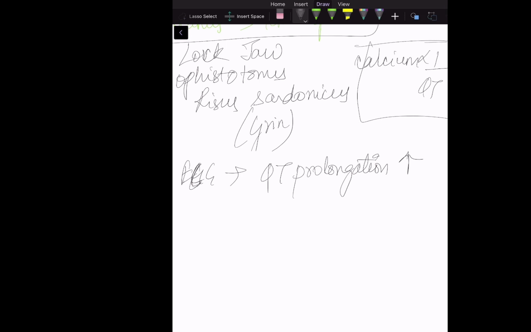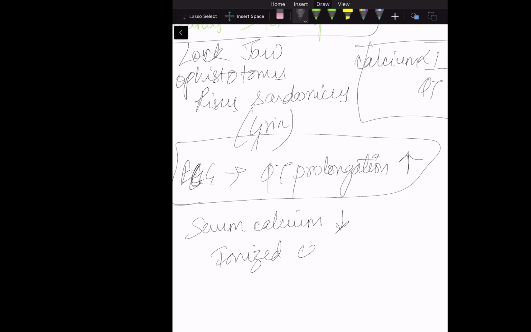There will be QT prolongation in the ECG of tetany. Then serum calcium levels will be decreased, ionized calcium will be decreased, and serum albumin will be normal.